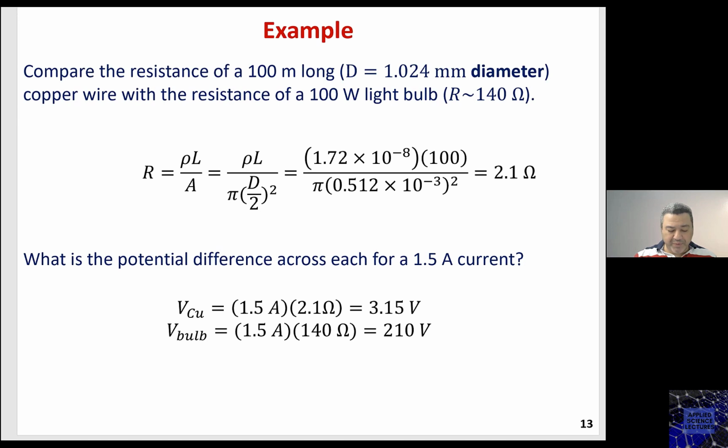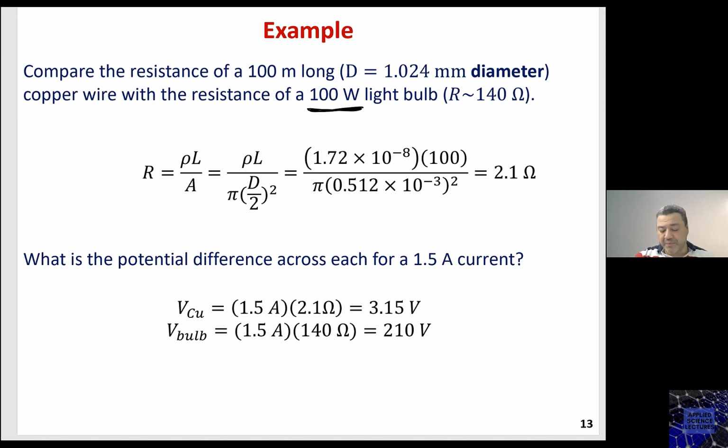So we have an example here. Compare the resistance of a 100 meter long wire made of copper that has a diameter of 1.024 millimeter width.